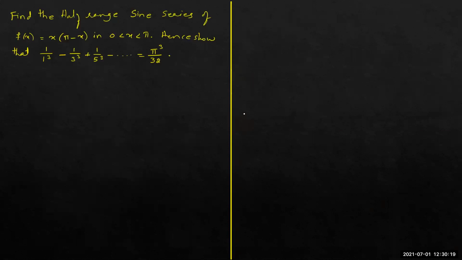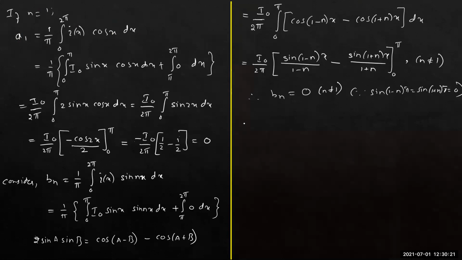So if you take n equal to 1, then B1 becomes, how much is it, 1 by pi into integration from 0 to 2 pi I of x into, I'm just substituting n equal to 1 here, so it is sine x. So it is equal to 1 by pi into integration, I'm splitting it into two integrals.